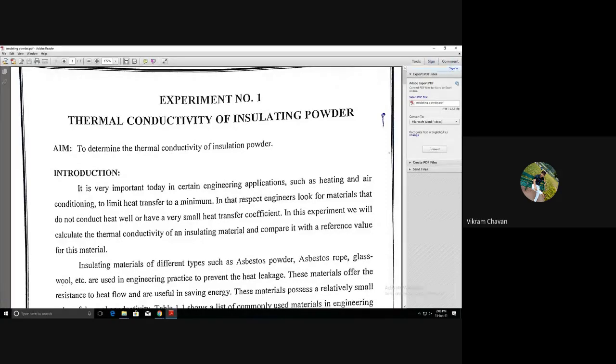Take the example of our home. The walls of homes are made up of bricks and cement. If you replace these walls with steel, what will happen?